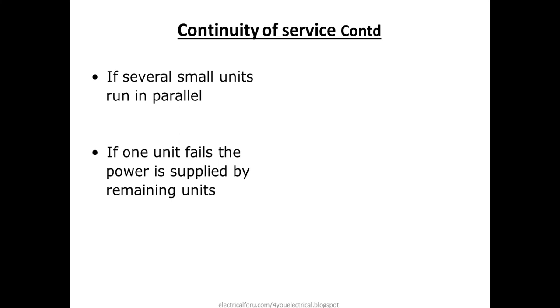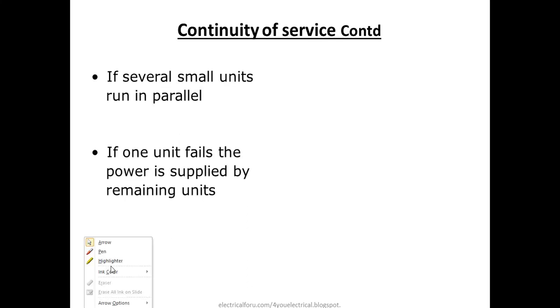If several small units are in parallel, that is, if we have turbine alternator sets, small turbine alternator sets operating in parallel, then if one unit fails, the remaining units continue to supply power.